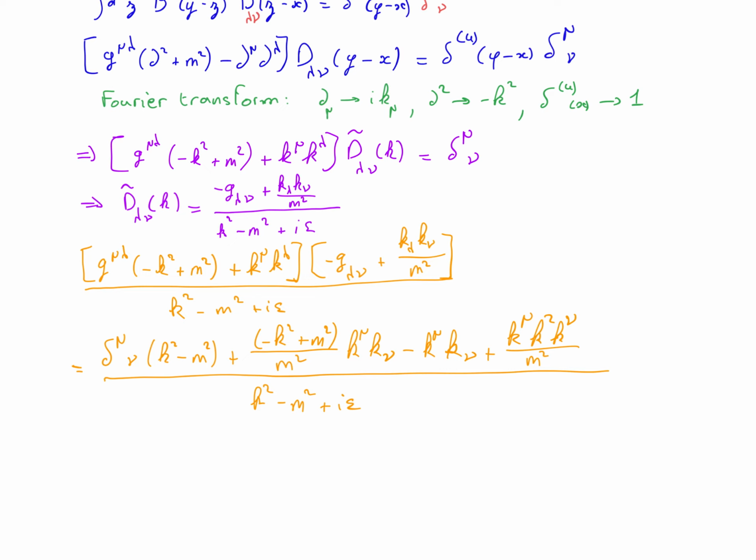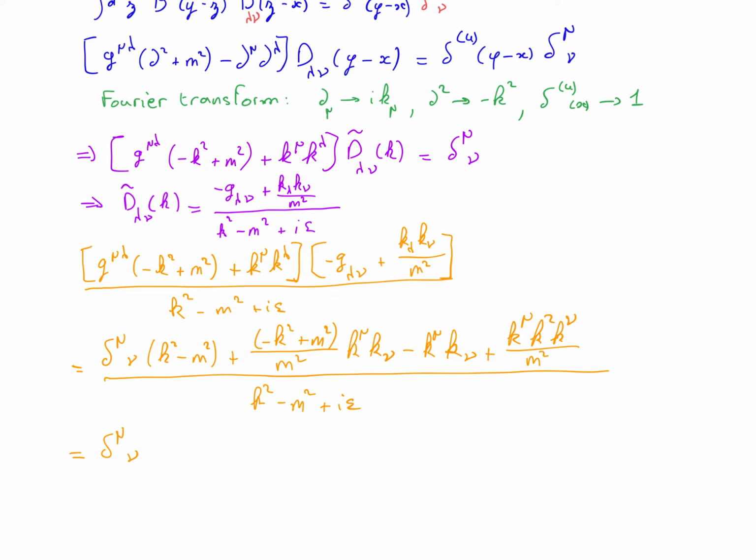And finally, by multiplying this term with this one, we have a k lambda with an upper index and k lambda with a lower index, which gives us a k squared. In the first term, I have a division of k squared minus m squared by itself, which is well defined. It gives 1 when epsilon goes to 0. So that's the right-hand side of the equation I want to show.